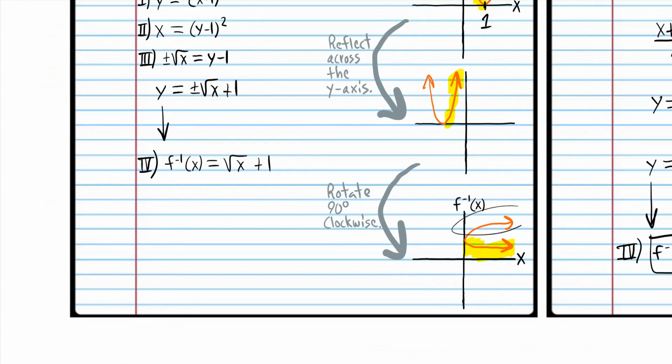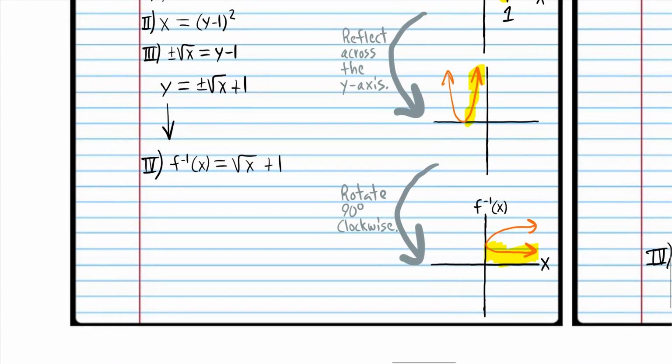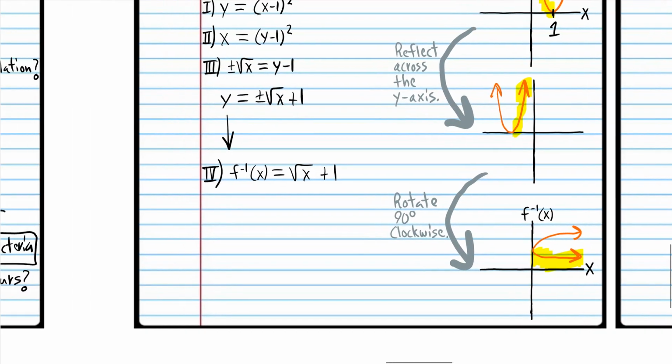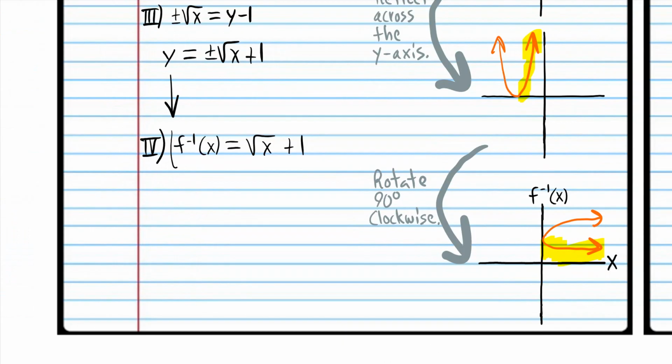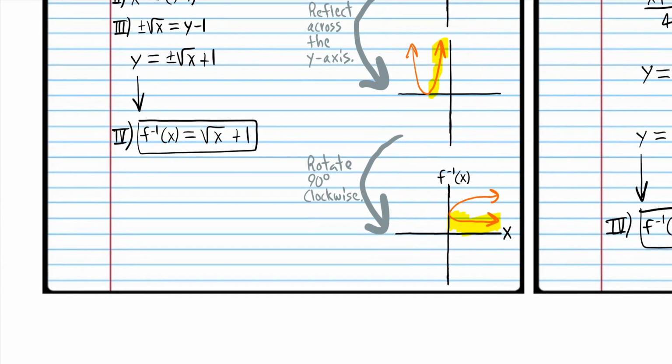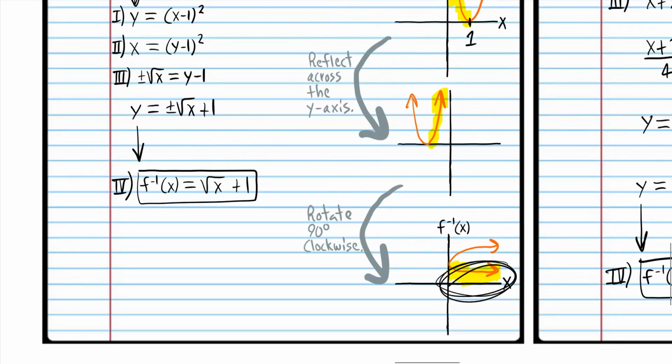Now we could have erased the other part if we chose to, but I'm just choosing to erase the negative version of that root x. And so that is the inverse function. And we can verify that the negative root x plus 1 is the yellow part by simply plugging in values.